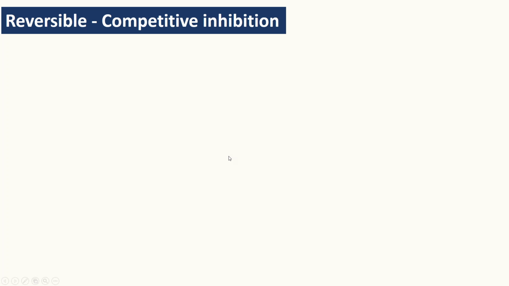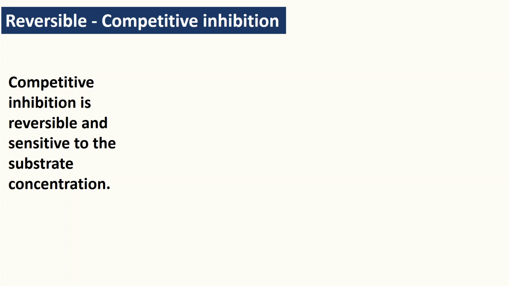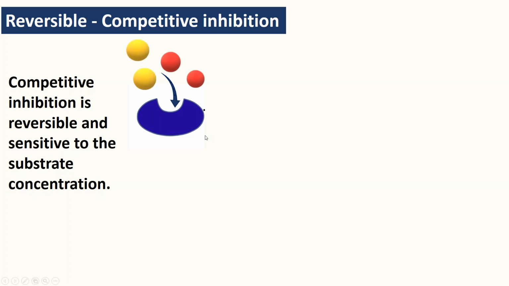Next, competitive inhibition is also referred to as reversible because it depends on the substrate concentration. When a person is taking two drugs together, depending on their half-life, if a drug has a higher concentration, even though it has a low affinity, it can eventually displace the other drug from the active site.